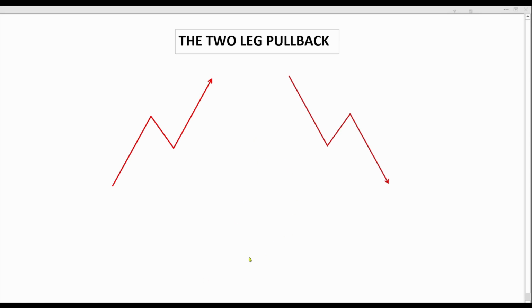So what is the two-leg pullback? Well, mainly the two-leg pullback is a technique based on a movement. Here we can see it: an impulse, a correction, and then a second impulse.